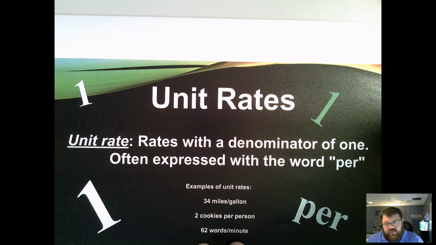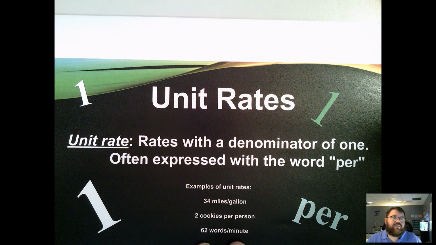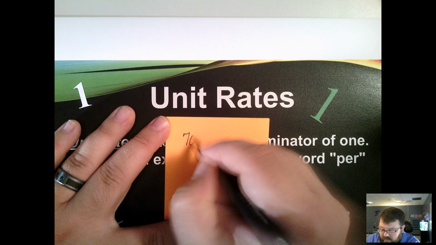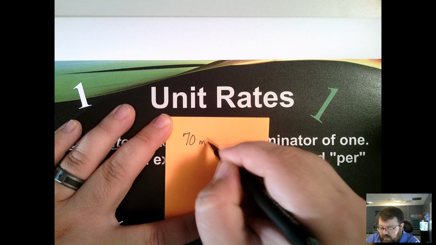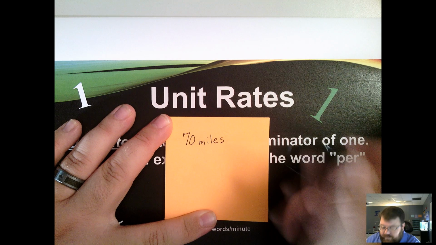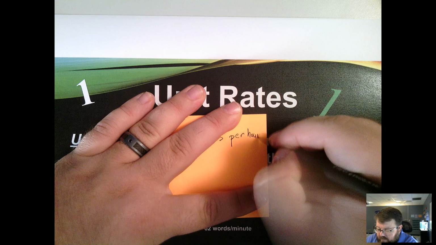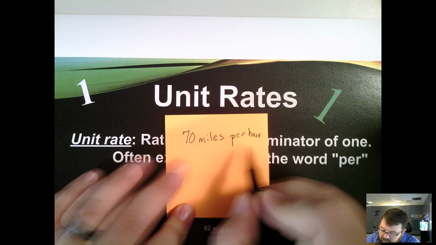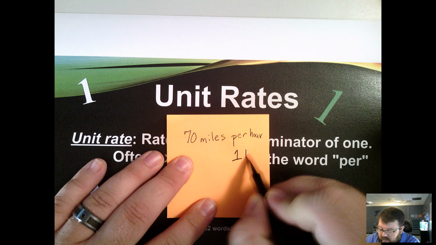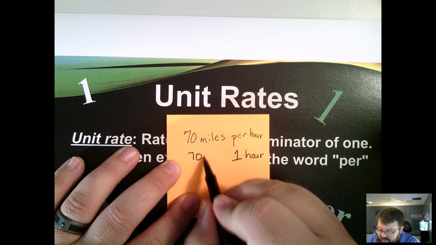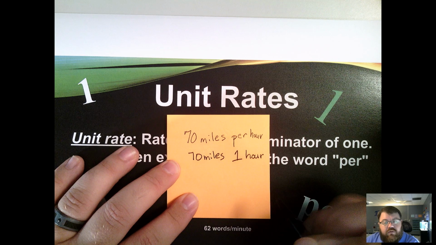One of the other examples that students sometimes forget is driving. Miles per hour, as we talked about driving on I-75. If you drive the speed limit, which is 70 miles per hour, that means in 1 hour you should drive, or will drive, 70 miles.